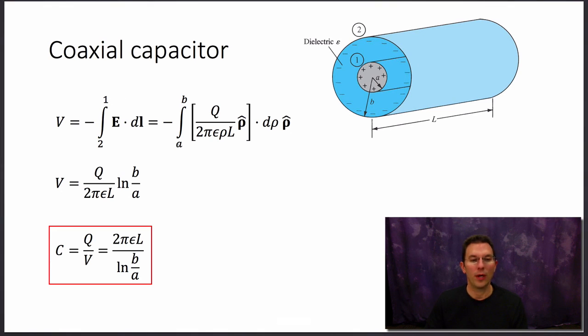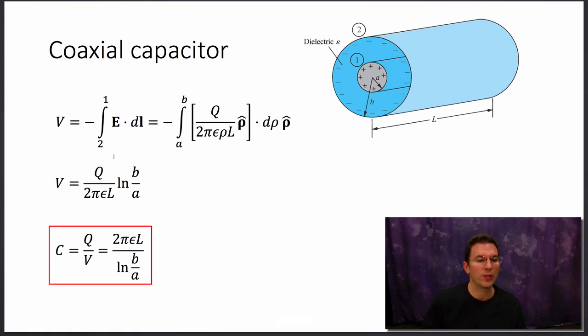I integrate from A to B with a minus sign out front, substituting in our form for the electric field, which points only in the rho direction, and dotting it with dl, which is d rho in the rho hat direction, just integrating along a line radiating out from the origin from A to B. The integral of 1 over rho is the natural log of rho, evaluated from A to B with a minus sign, which gets us this expression: Q over 2 pi epsilon L times the natural log of B over A. That is the voltage.